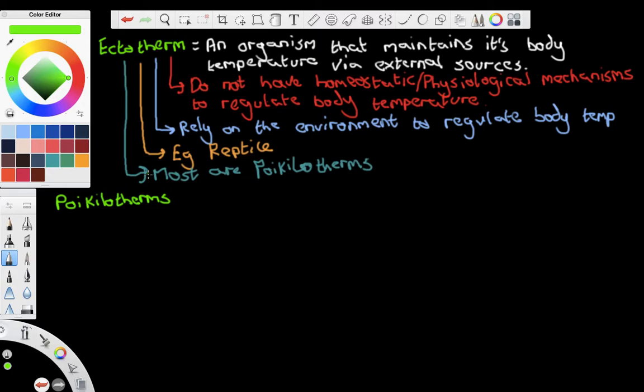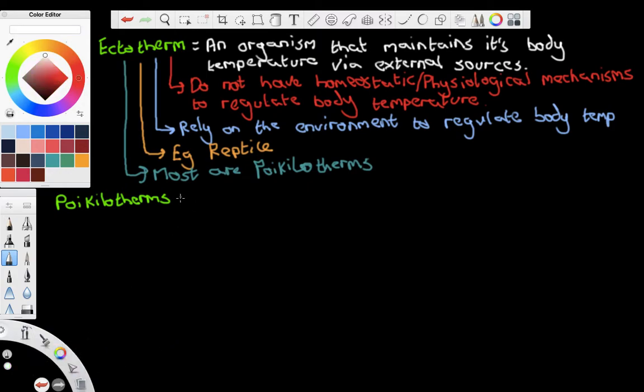Now, a poikilotherm is an organism who allows their body temperature to fluctuate widely. These are the opposite to mammals and humans. We keep ours at 37 degrees Celsius. However, a poikilotherm allows their body temperature to fluctuate.